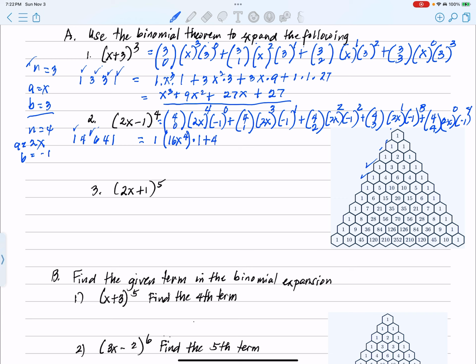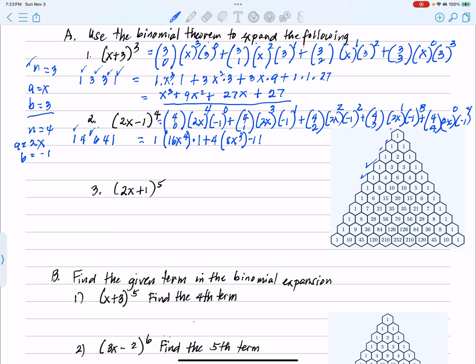Then 2 to the 3rd, that is 8. -1 to the first power, that's -1. Okay, this is -1 right here.